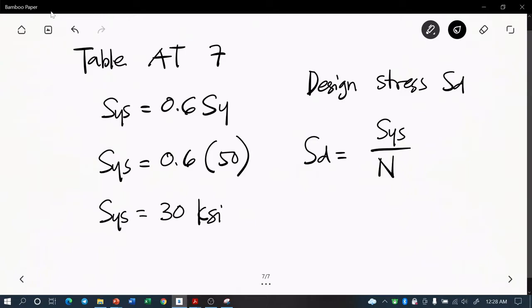So how are we going to determine the design factor? The problem didn't state a value of the design factor, nor recommend one, but it gave us the condition of the shaft.